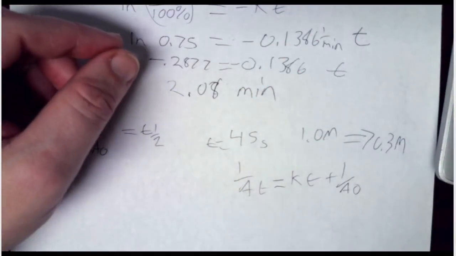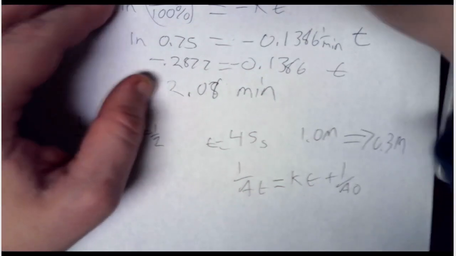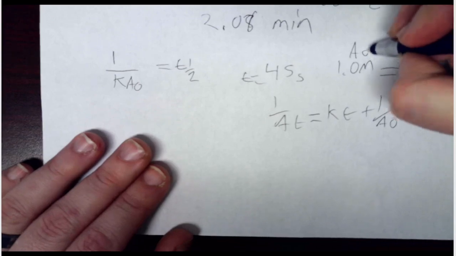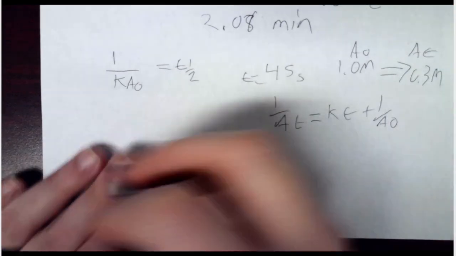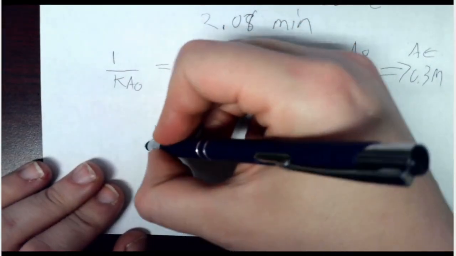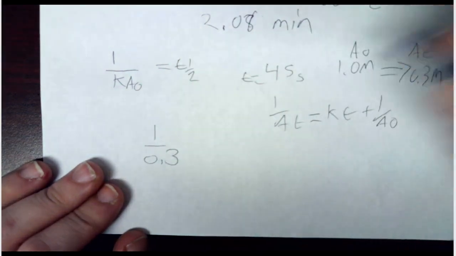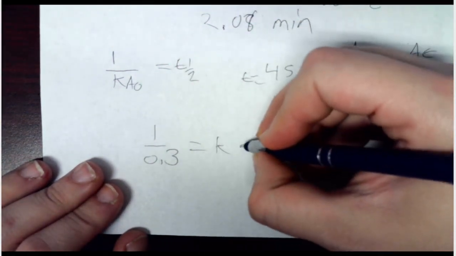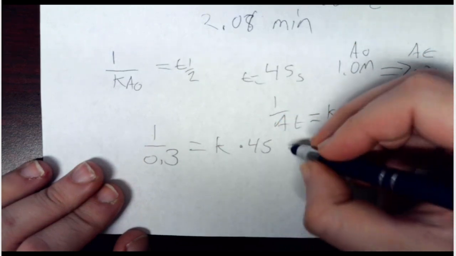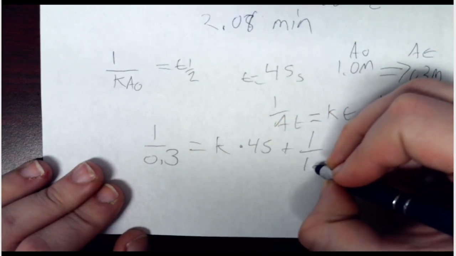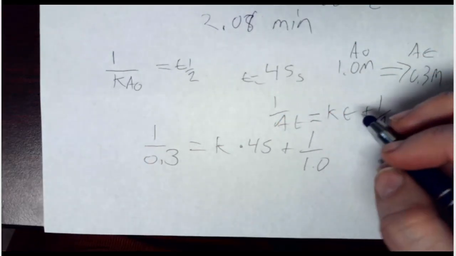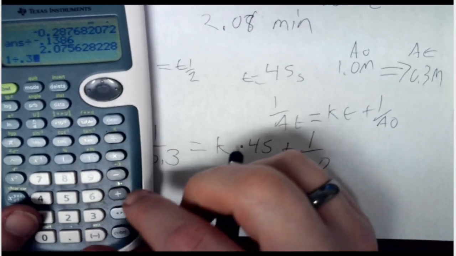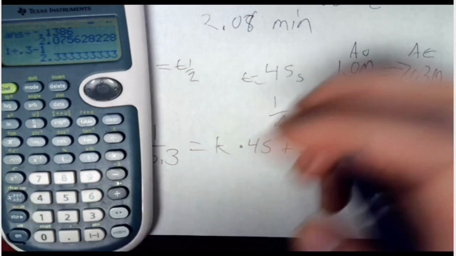Okay, with that in mind, we have a sub 0, we have a sub t. We can just say 1 over 0.3 equals k times 45 plus 1 over 1.0. So let's start by saying 1 over 0.3 minus 1 over 1.